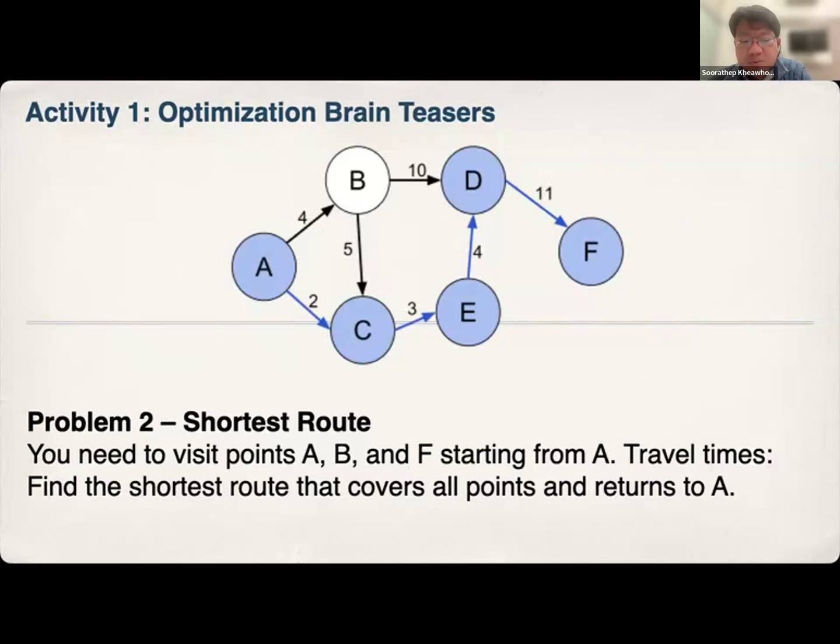You find the shortest route that covers all points and returns to A. All points means point A, point B, and point F, and you return to A. The shortest means, because this is the distance, let's say the distance between A and B is 4 units of distance, and from B to D is 10 units of distance.